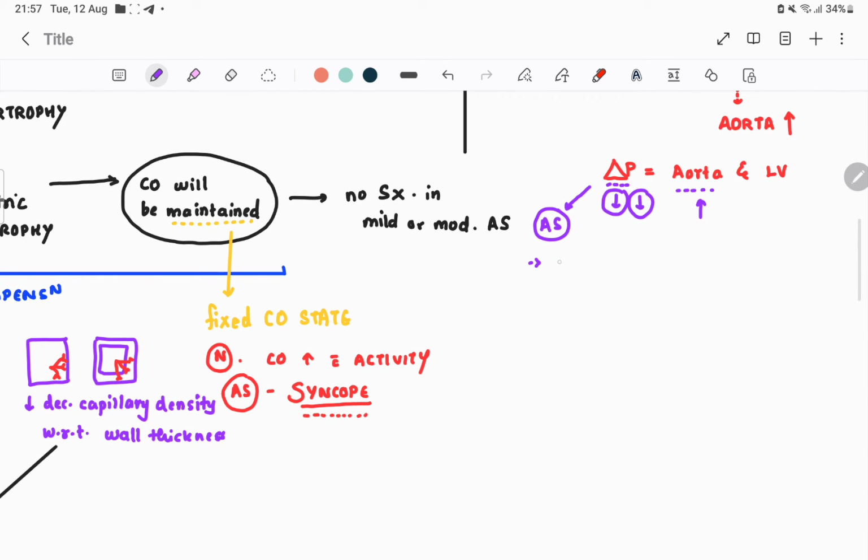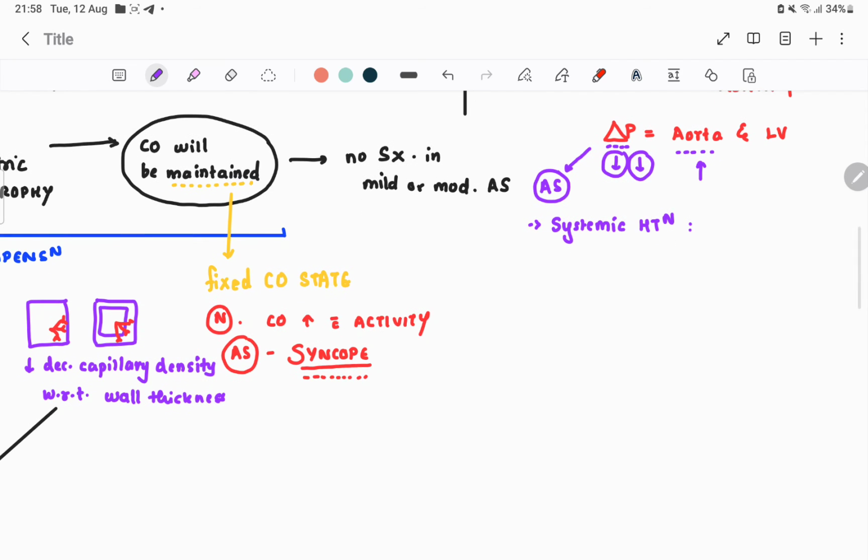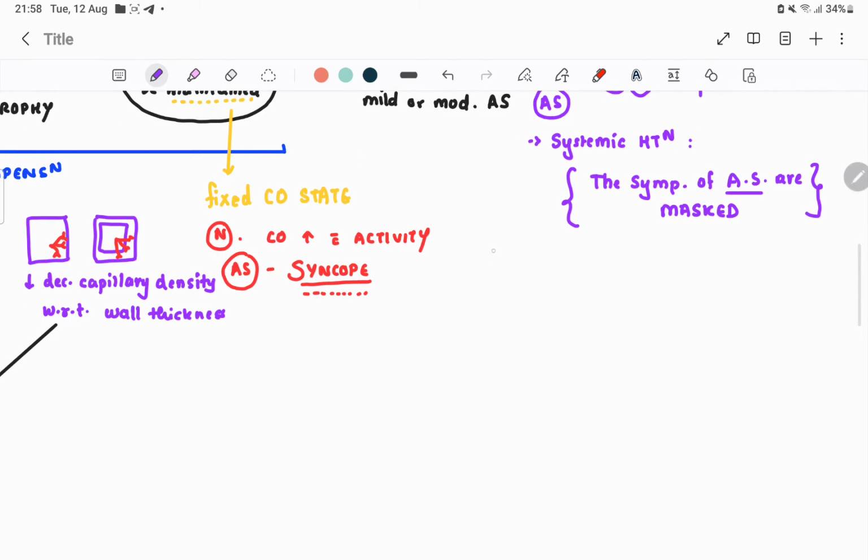So basically, what I am saying is that if a person comes with systemic hypertension, the symptoms of aortic stenosis are masked. So you have to control the BP actively. Okay. Done.